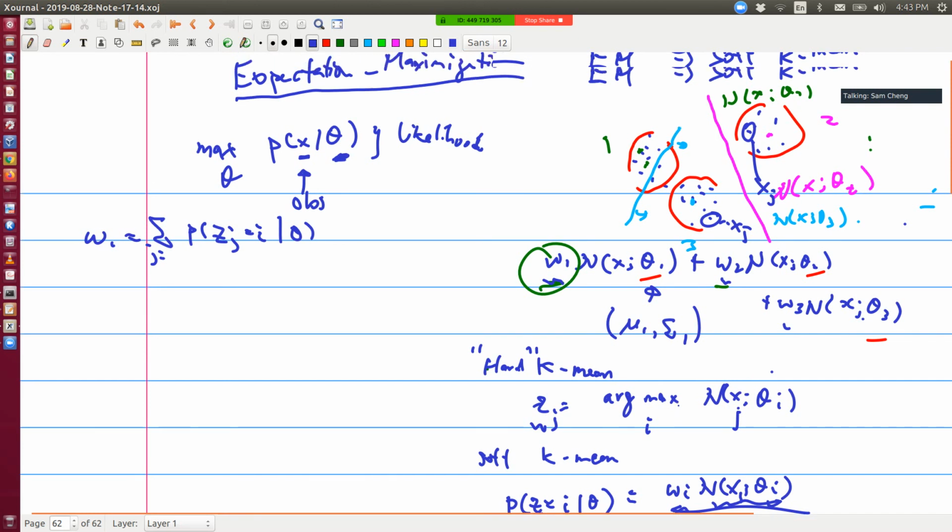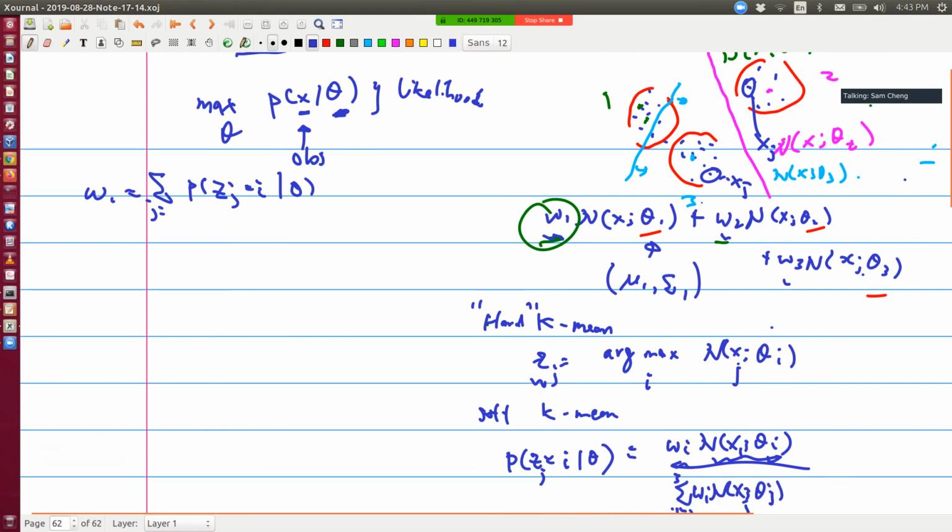But for soft K-means, you will compare with each of the likelihoods, right? The weighted likelihood. So you compute, for example, cj.